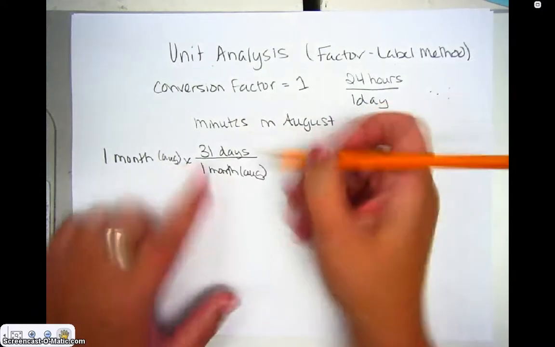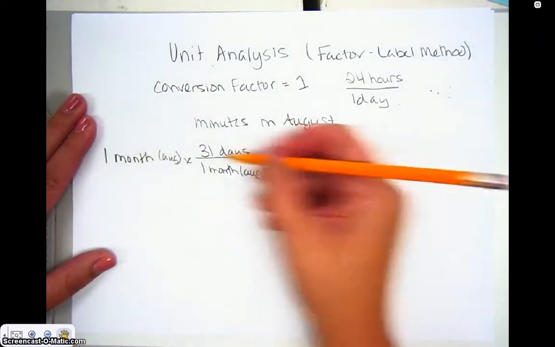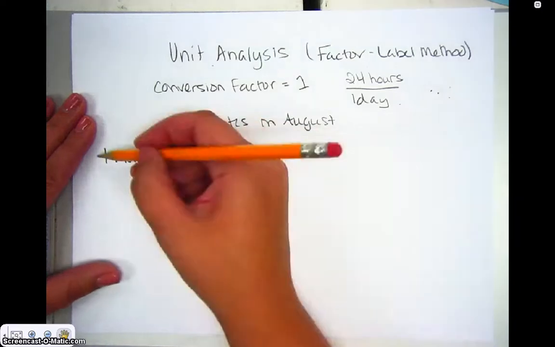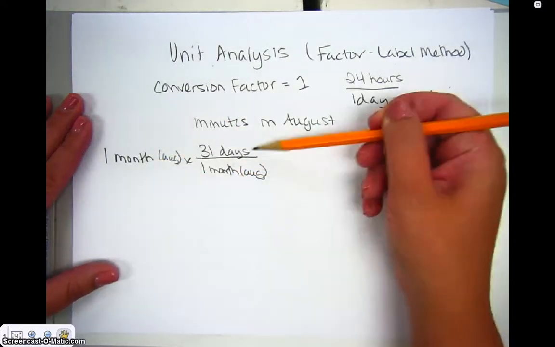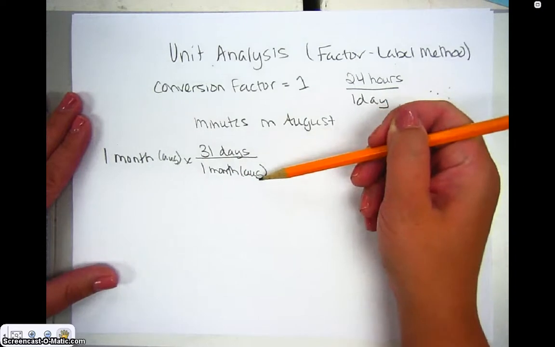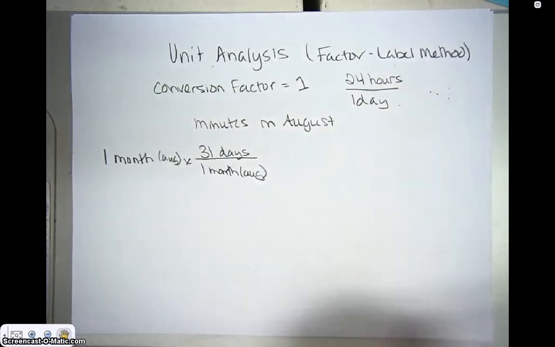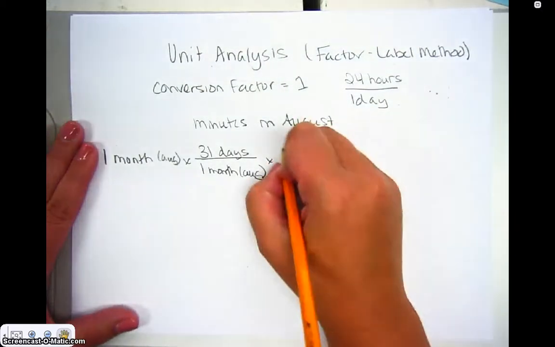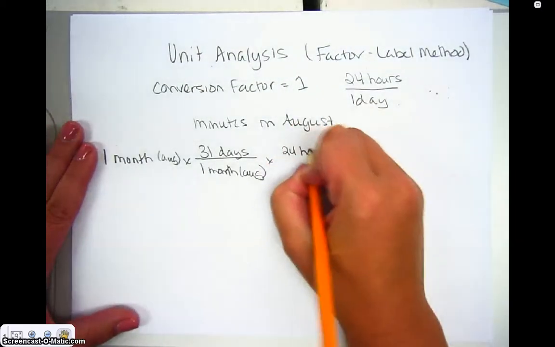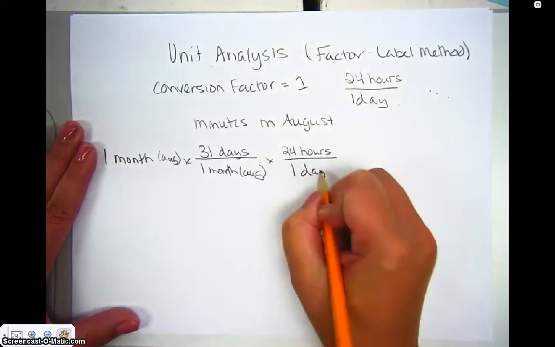Now notice I put the 1 month on the bottom, because this is on the bottom of the fraction, so if I divide this by this, my units cancel out. What I want to stay, I write on top. What I'm trying to get rid of, I put on the bottom. So now I want to get rid of days and put it into hours. There are 24 hours in every 1 day.